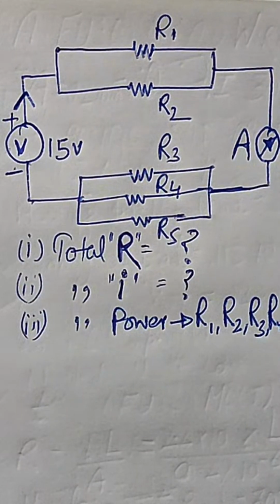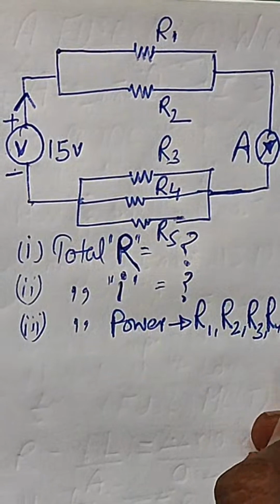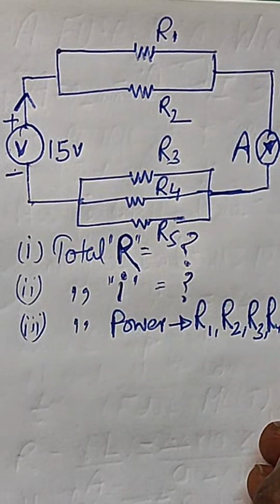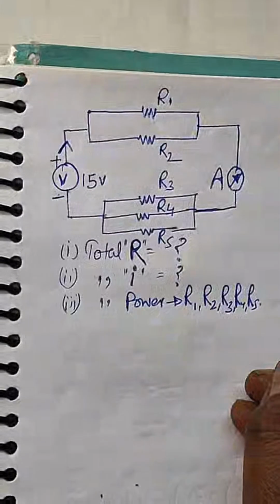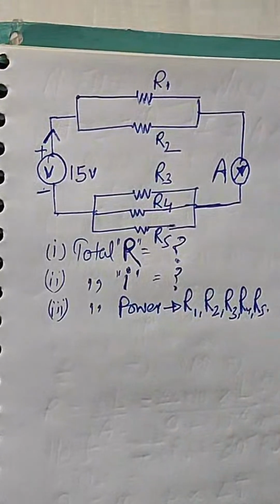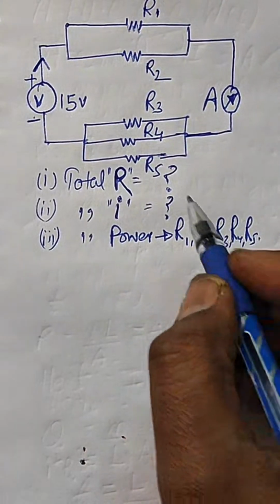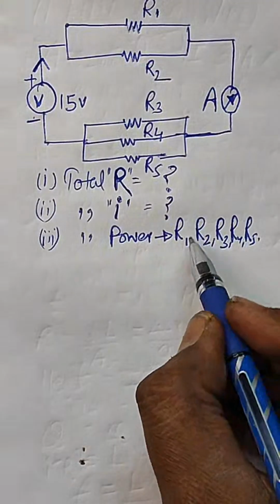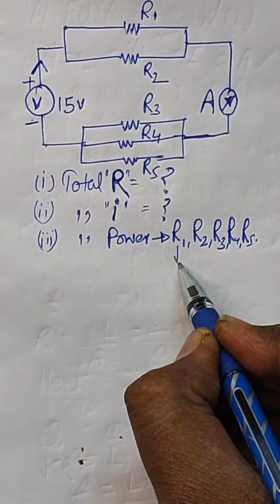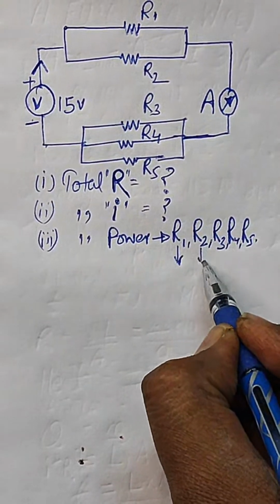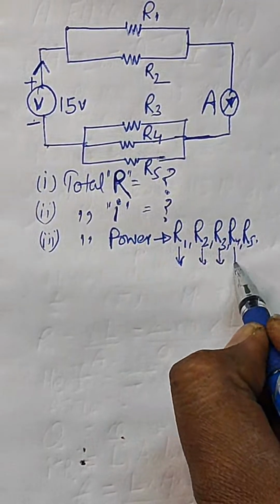Now this is R5. I think it's visible properly. Yes. Now from here, the values of R1, R2, R3, R4 and R5 are given to you. And what are those values?